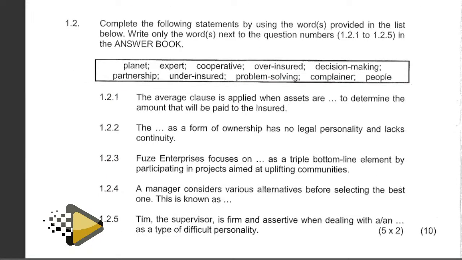Next question, we have 1.2, and then 1.2 reads as follows. Complete the different statements by using the words provided in the list below. Write only the words next to the question number. An example is given there as a guideline, 1.2.1 to 1.2.5 in the provided answer table.